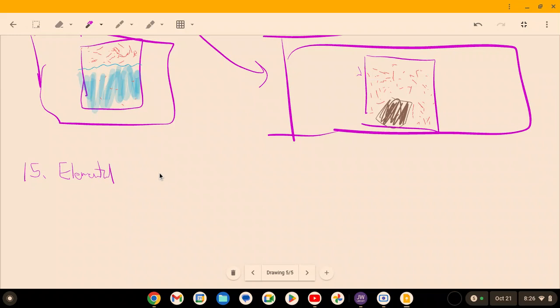Sorry, elementals are molecules of elements, versus molecules of compounds.